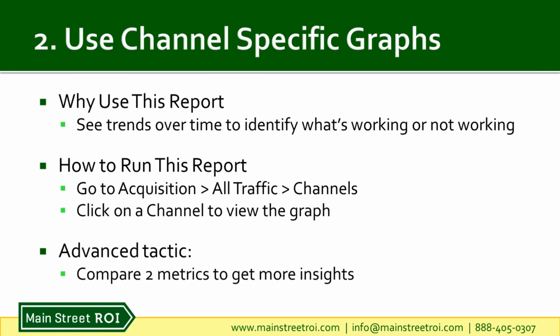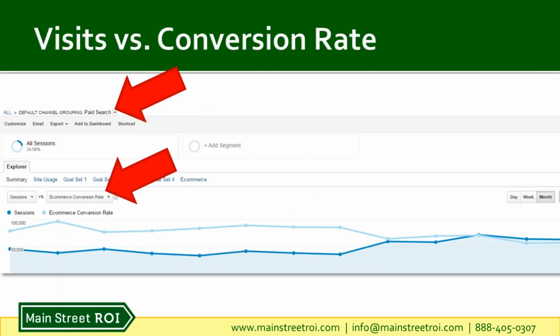And then as an advanced tactic, you can compare two metrics and see the trends of those two metrics over time. So here is an example where I just clicked right on paid search. At the top, you can see it's telling us we're in default channel grouping paid search.